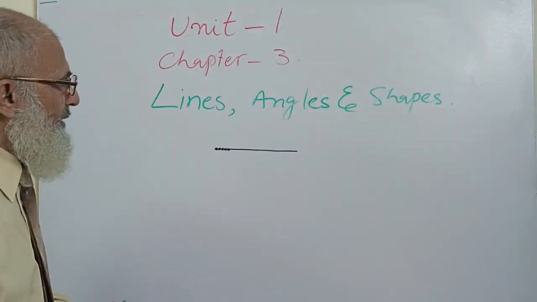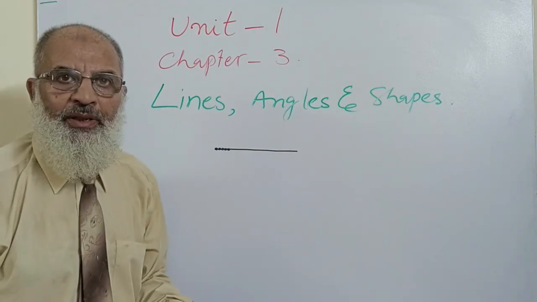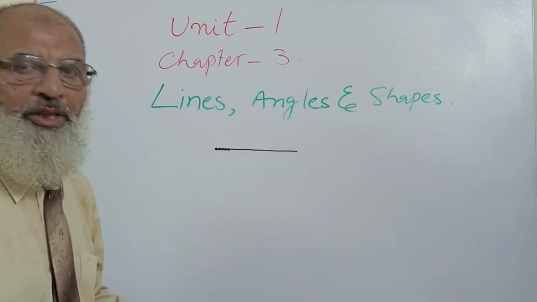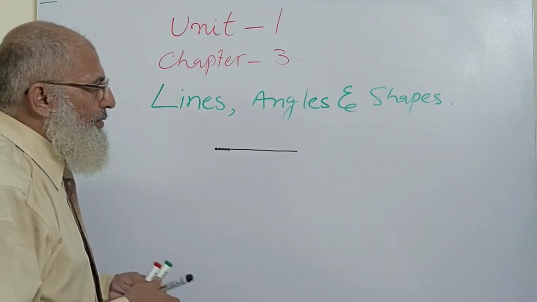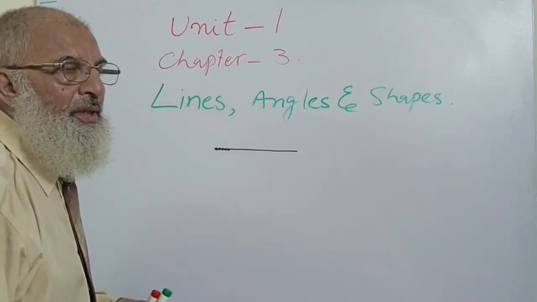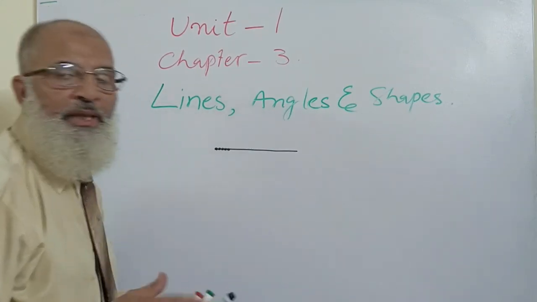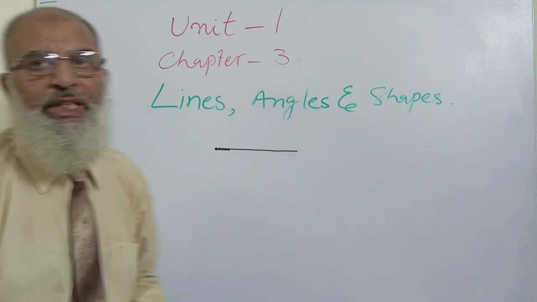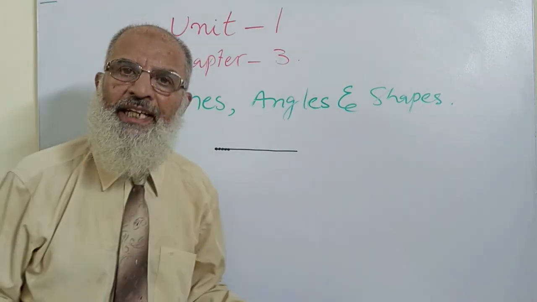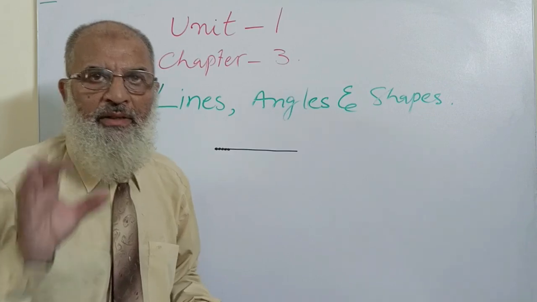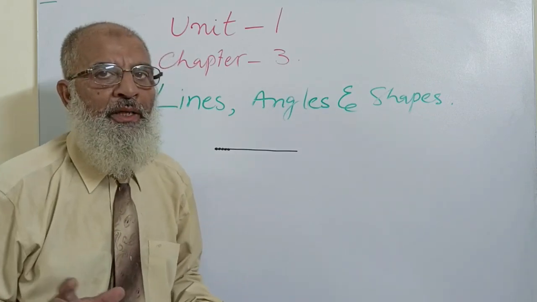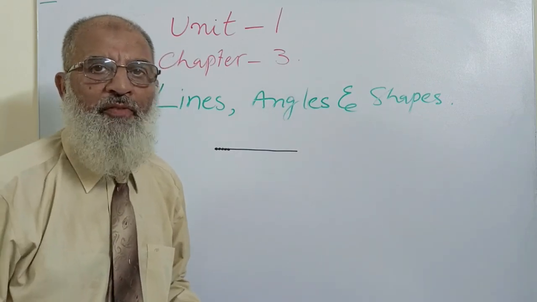Now, what were the angles? In ancient times, it was a theory that the numbers 1, 2, 3, 4, 5, 6, 7, 8, and 9, including 0, are formed with the help of angles.